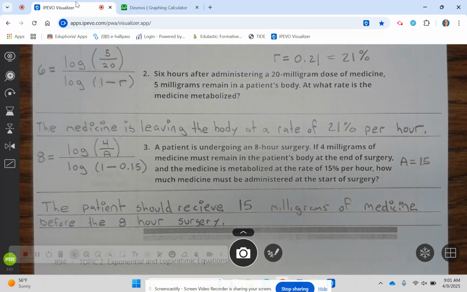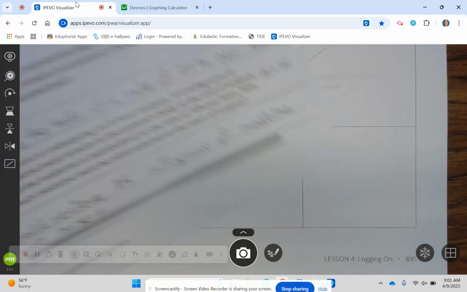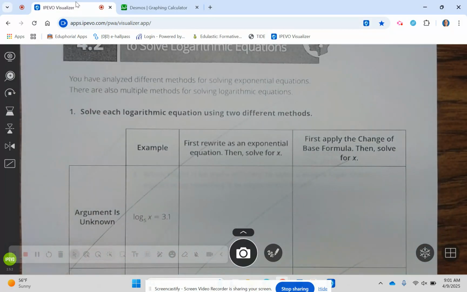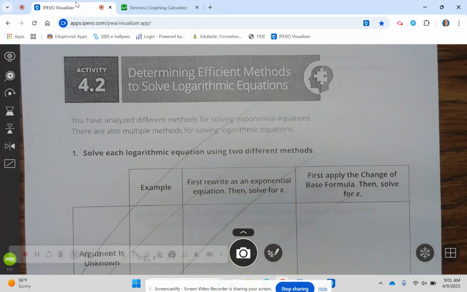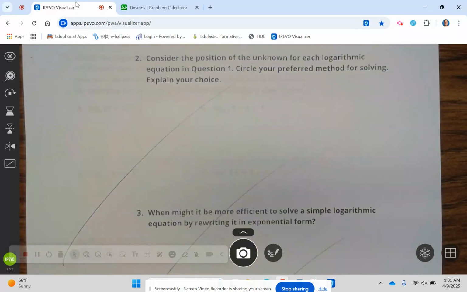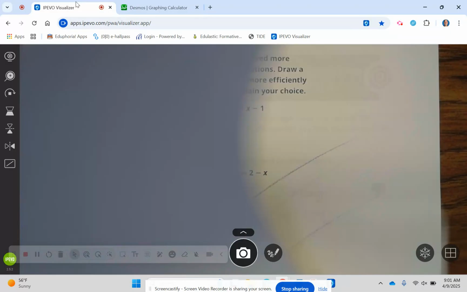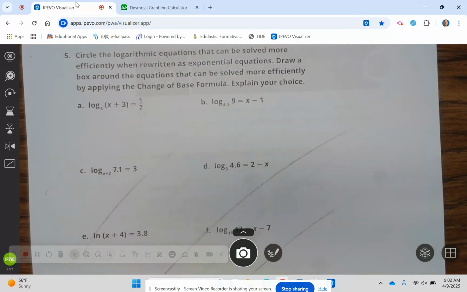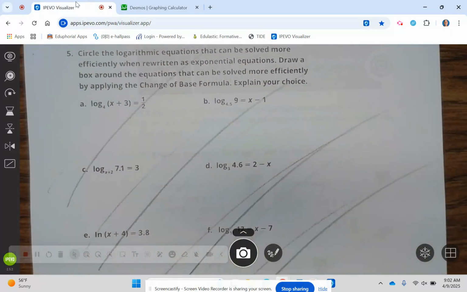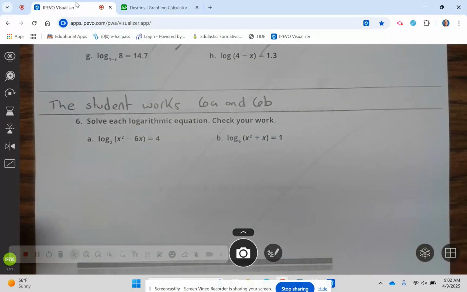All right, let's take a look at the next page. Go ahead and mark out this page. Go ahead and mark out this page. Go ahead and mark out number 5. The student works 6A and 6B.